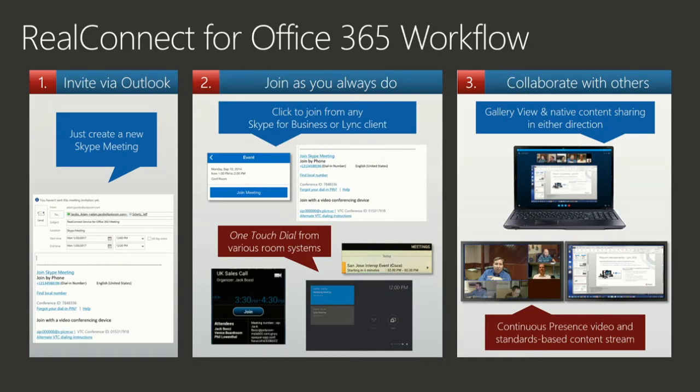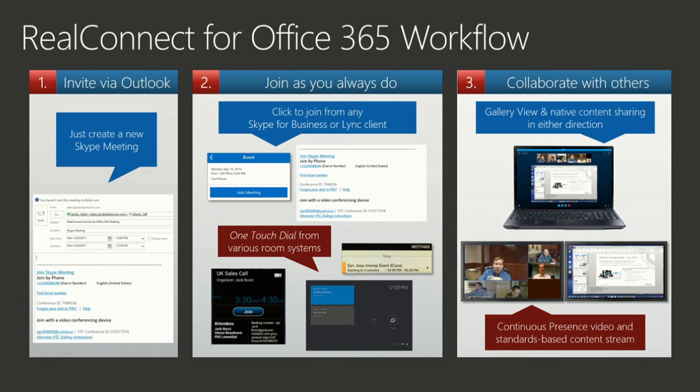So from an end user perspective, there's a workflow to get these meetings set up and running. The first thing that a user will do is go into Outlook and schedule their Skype for Business meetings. And in the case of this service, we did a lot of work with Microsoft on ensuring that the native Skype for Business add-in populates the appropriate meeting coordinates for a VTC user to dial into the meeting.